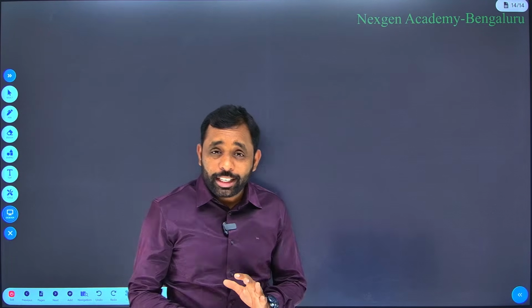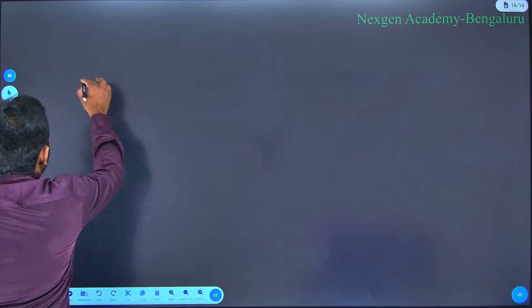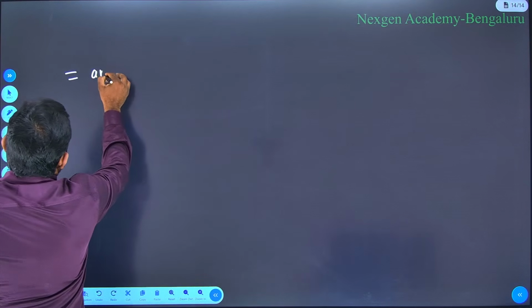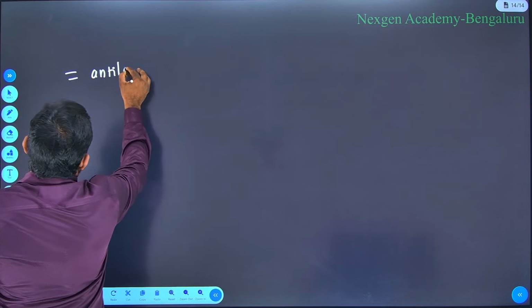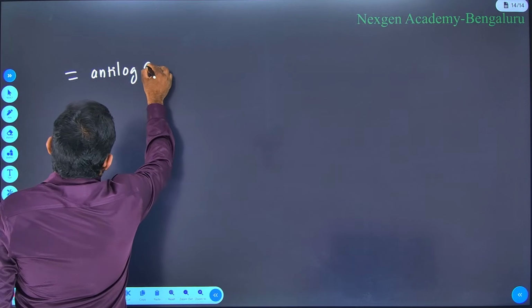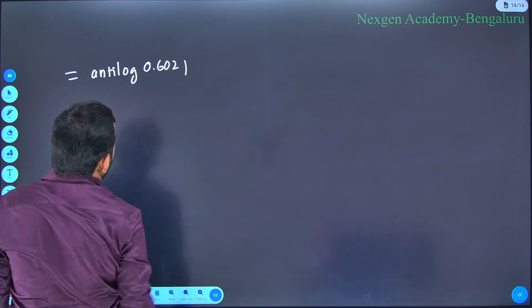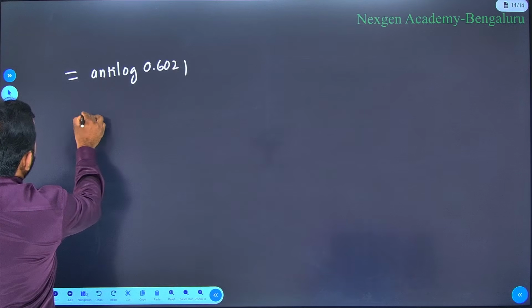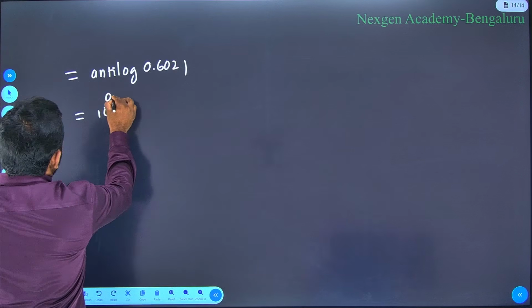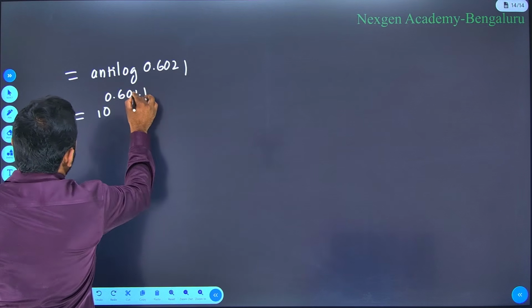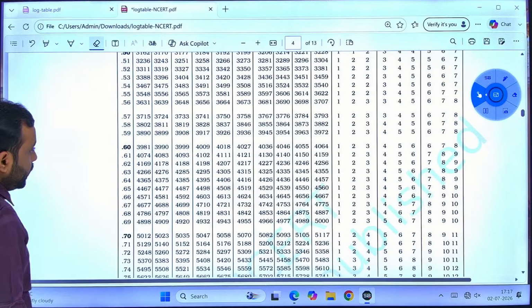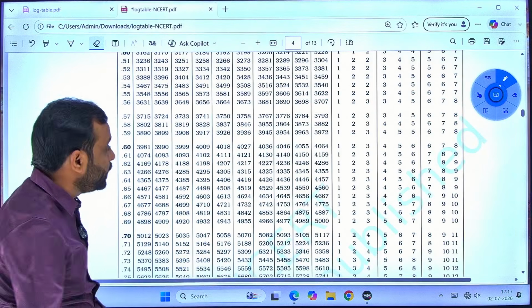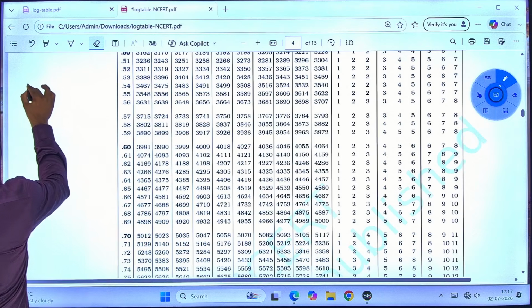Let us take another example of anti-log. If you wanted to find the anti-log of 0.6021, let us see how. Anti-log is nothing but 10 to the power of 0.6021. Let us see this table.